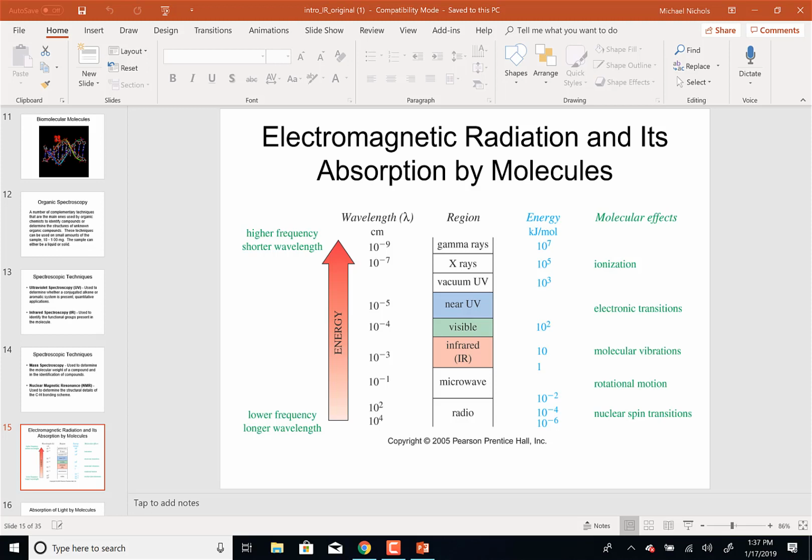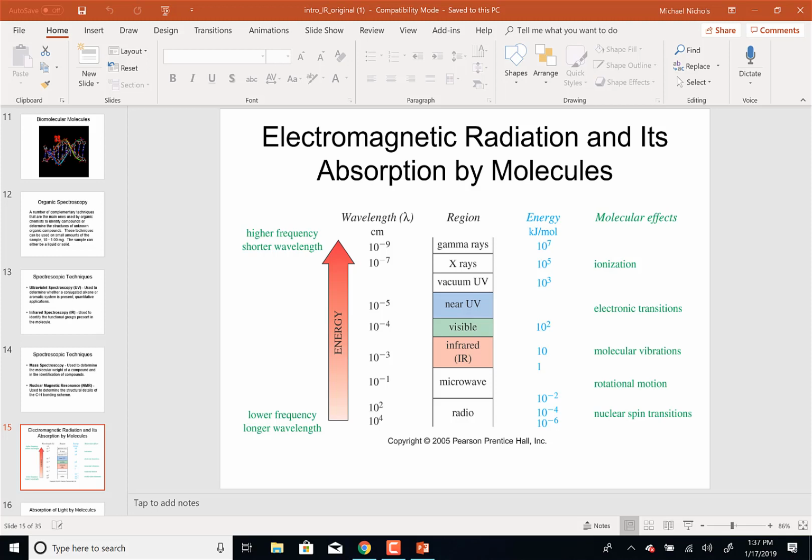What's different about all these? The wavelength, and of course if you take the equation E equals h nu, where nu is frequency, a longer wavelength means a lower frequency and vice versa, a shorter wavelength is a higher frequency. When you convert that frequency value to energy, every one of those has a different energy. So X-rays are going to go right through us. Radio waves, kind of, but X-rays are more damaging.